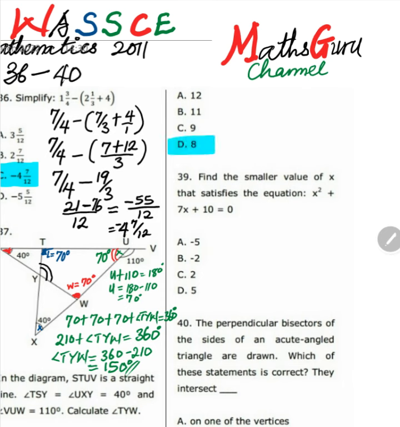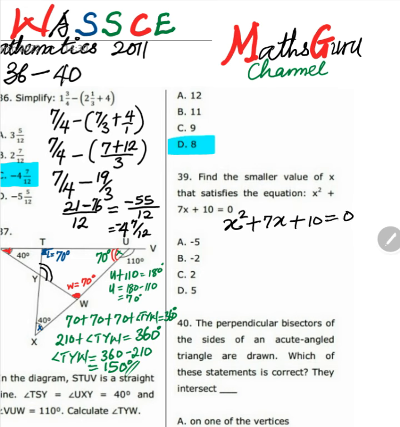Now, number 39, find the smaller value of x that satisfy the equation x squared plus 7x plus 10 equal to 0. Let's rewrite this out. x squared plus 7x plus 10 equal to 0.